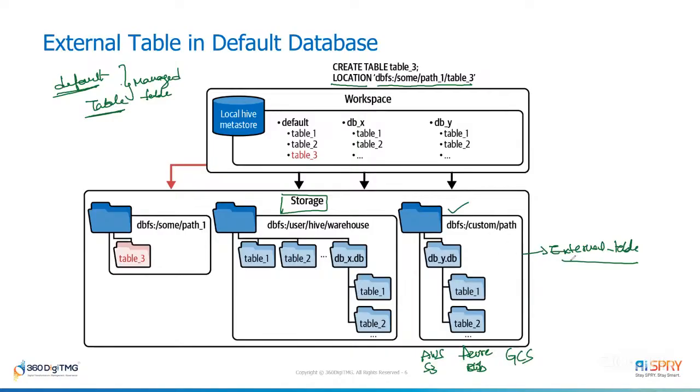So that's why I want you to understand this concept, external table and managed table. A managed table will always be within the DBFS. When you want to create a table from these kinds of storages, you have to create it as an external table. And within the Databricks file system also, you can create your managed tables and external tables.